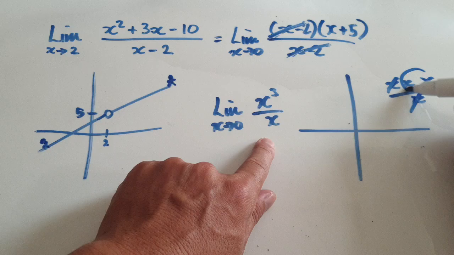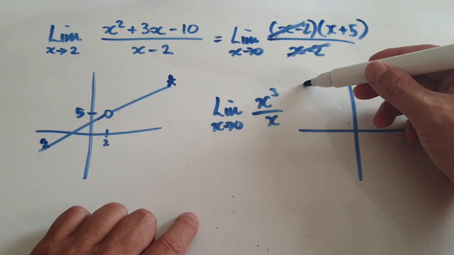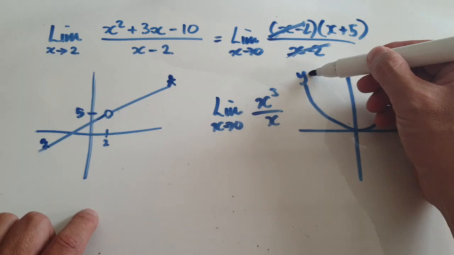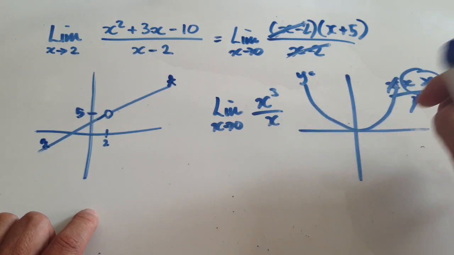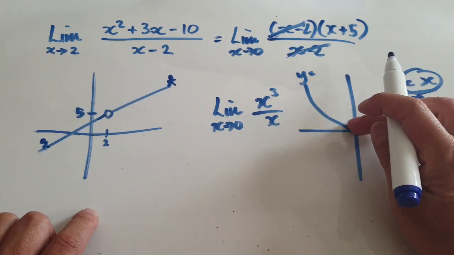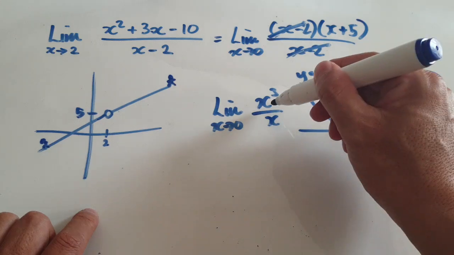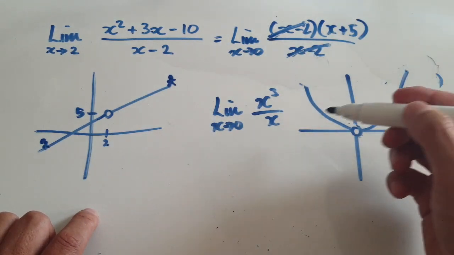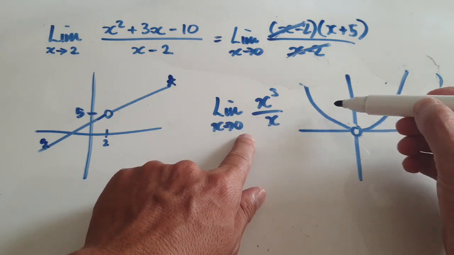This thing here acts like x squared. So it looks like this. Everywhere else apart from 0, it acts like y equals x squared. But dead on 0, it breaks down because you're not allowed to divide by 0. So this graph here actually looks like this. And the limit here still exists.